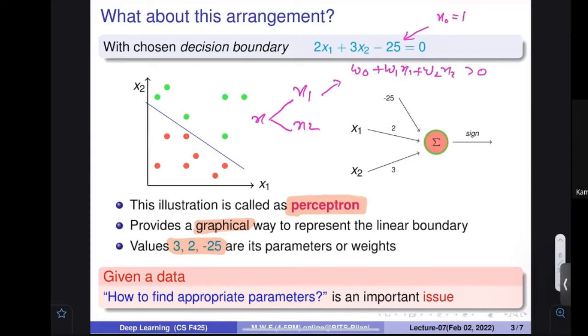The boundary is this expression equal to 0, and then we want to see which side we are on. Is this clear? We want to find out the values of w0, w1 and w2. Just for completeness, in this particular case, can anybody type what the value of w0 is here?